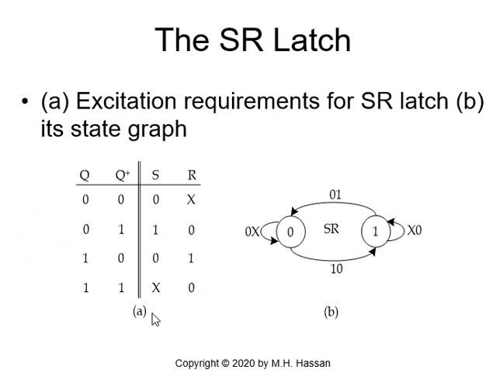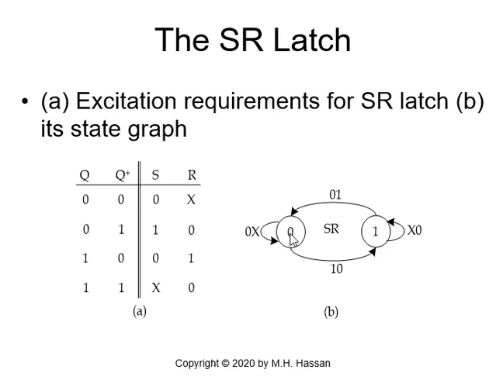So once we have the excitation table, we can draw the state graph. We have two stable states, 0 and 1. If the transition occurs from 0 to 0, we need S to be 0 and R don't care, so we remain at 0.